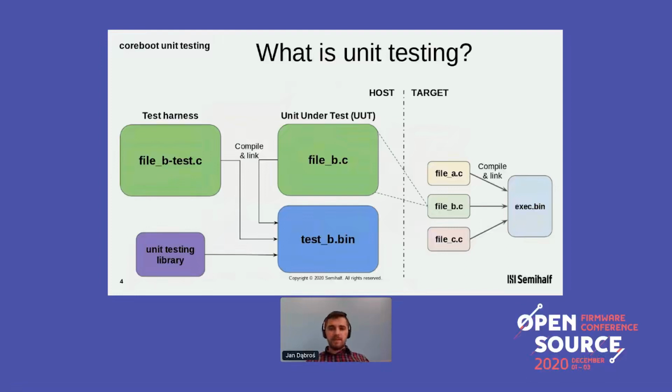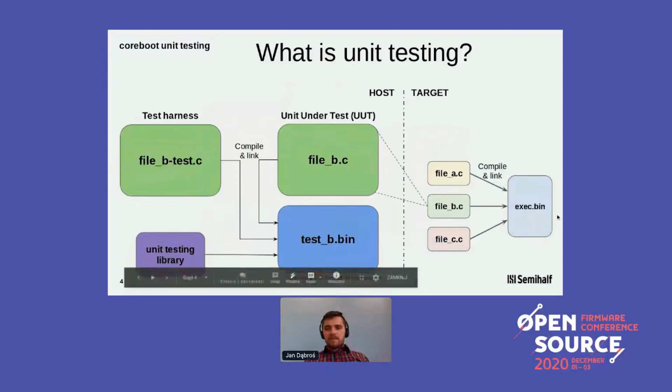This is a simplified schema, since usually a file is dependent on other files, right? And in such a case, we need to mock out or stub the API of these other modules, which are not part of our unit under test, right?